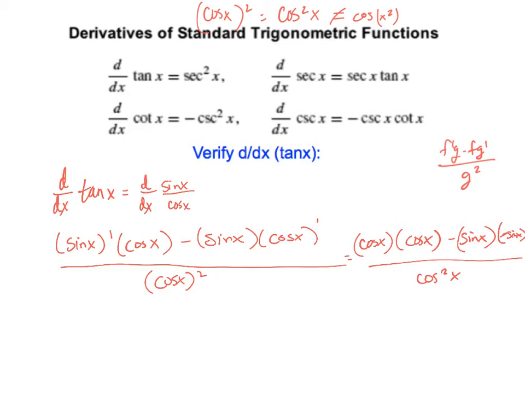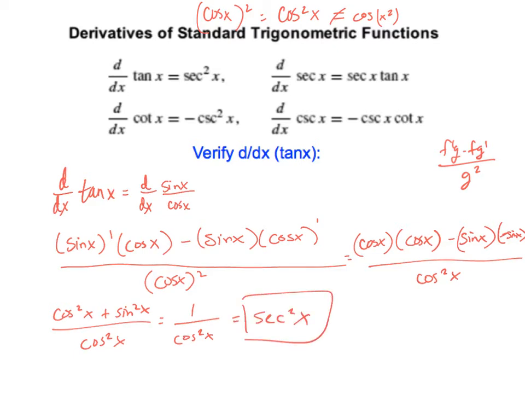From there, simplifying the numerator would give us a cosine squared x plus a positive sine squared x. We have one of our Pythagoreans up top there, so that is equivalent to 1 over cosine squared x. And 1 over cosine squared x is, of course, secant squared x.